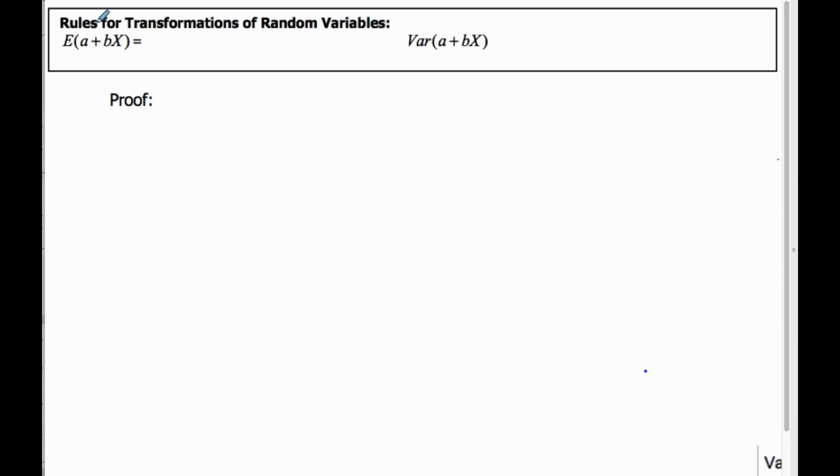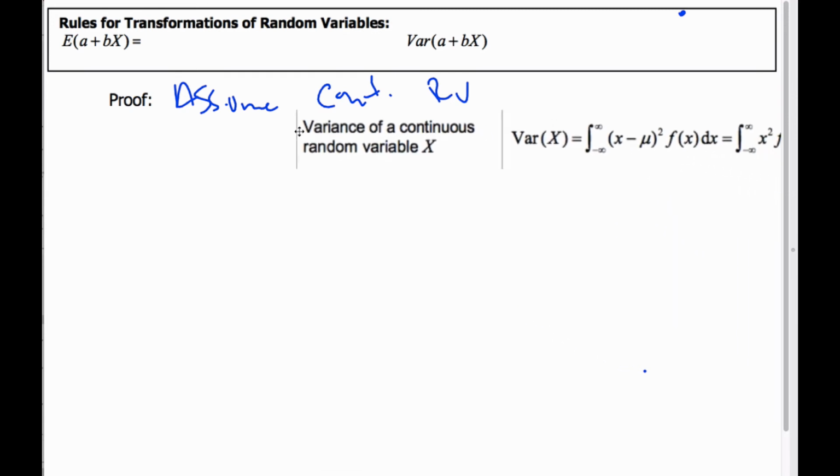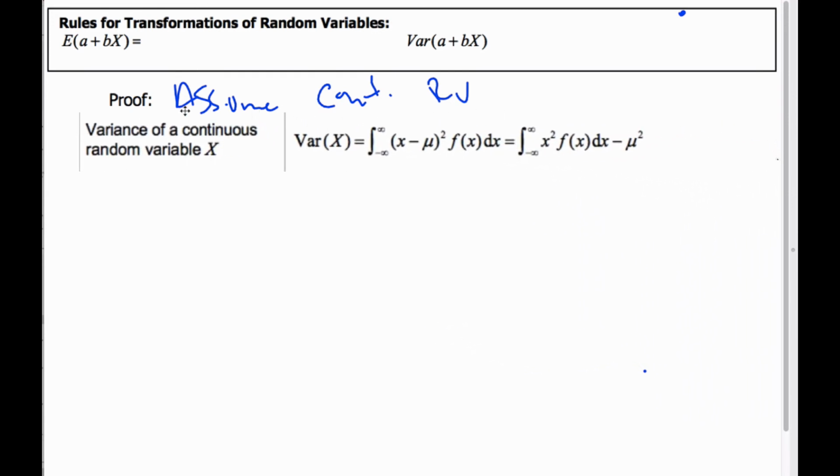If I go on to variance, let's assume this time that it is a continuous random variable, so that way we can look at how they work with a continuous function as well. Here's my formula for a continuous random variable, and this time I'm going to use this version of the formula.